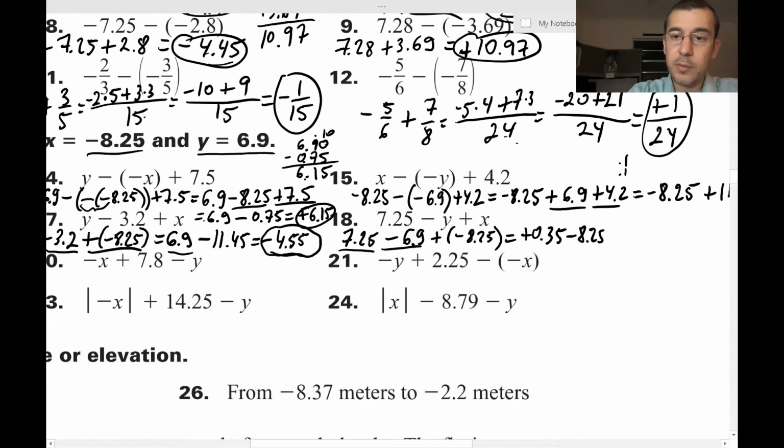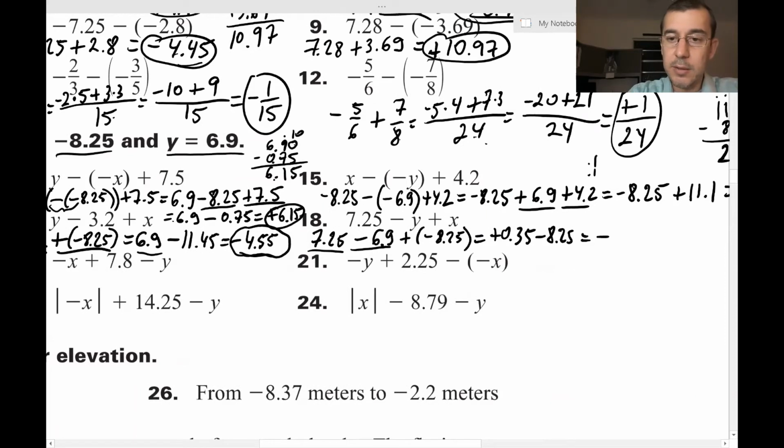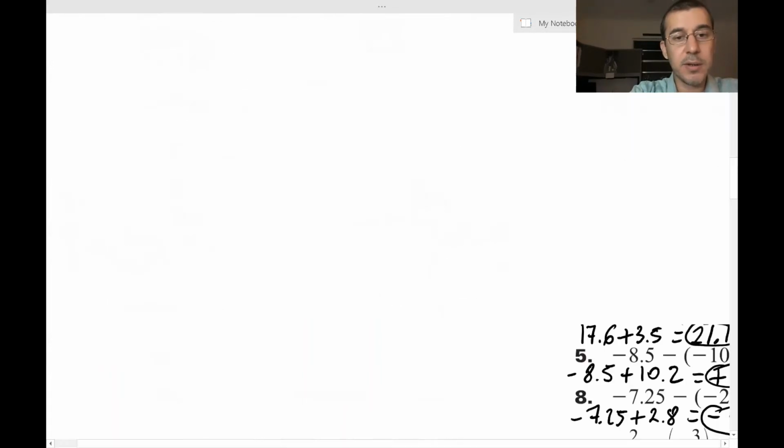So the answer will be minus, because 8 is obviously greater than 0. And then 8.25 minus 0.35 is 7.9. Why? Because 0.35, what I did is I separated it into 0.25 and 0.1. 8.25 minus 0.25 is 8. And then we have to subtract 0.1 from 8, and that's 7.9. And the sign is minus, so minus 7.9 is the answer to 18.